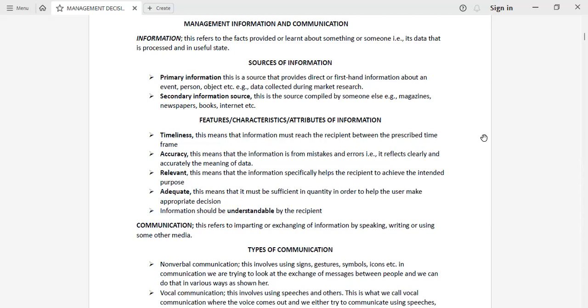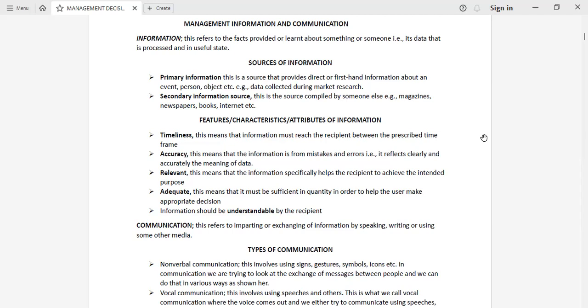If someone gives you information that is full of errors, you can't even understand the meaning. If someone gives you a text on WhatsApp or Twitter, or you see it anywhere on Facebook, and you read it but you fail to get the meaning, then it means someone has not actually communicated.